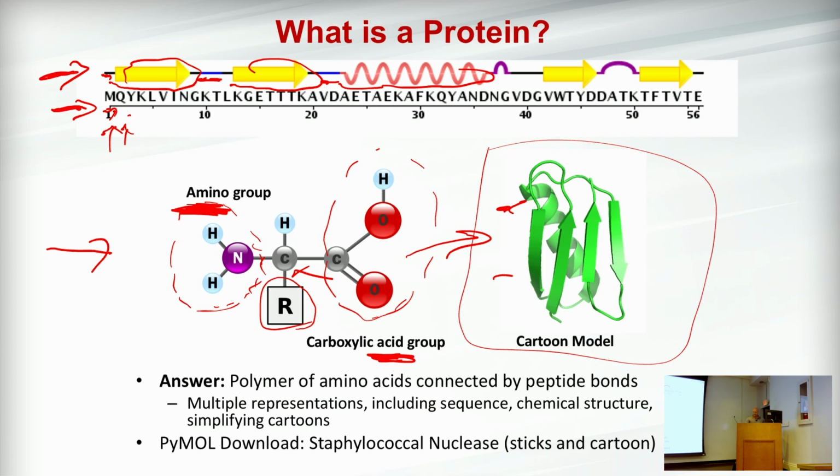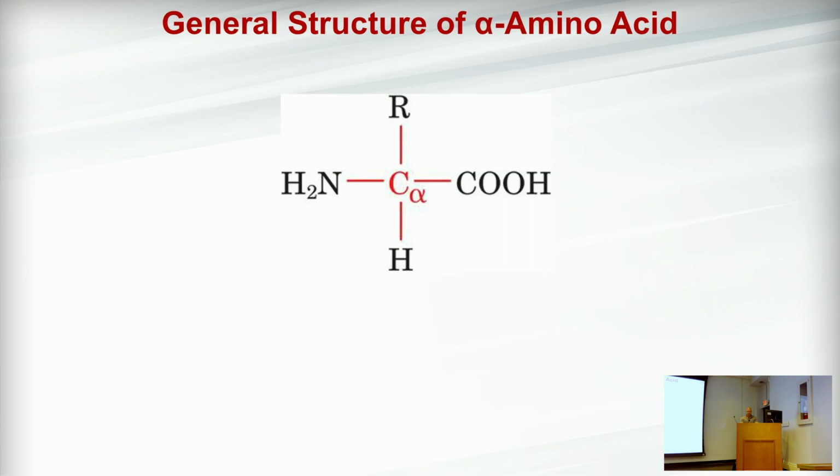So that's the generic way. Here's the general structure of an alpha amino acid. Let me get myself oriented up here. You have an amino group on one side and a carboxylic acid on the other, and this is your amino acid.